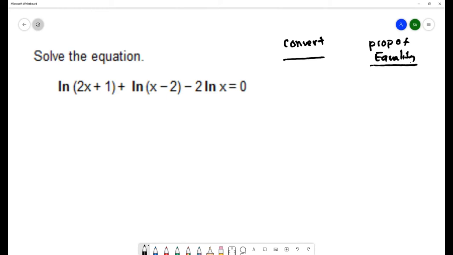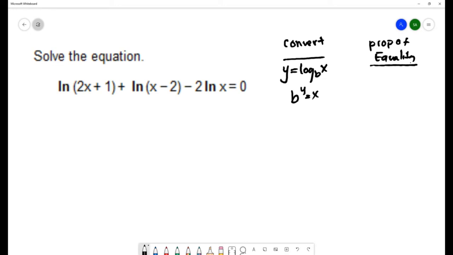If you are going to convert, you're going to have some log equation, y equals log base b of x, and you're going to convert that to an exponential. So that would be b to the y equals x.